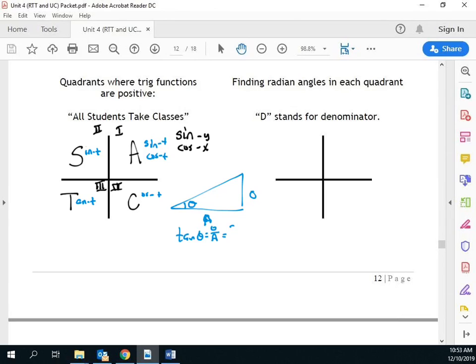Sine. What uses adjacent? Cosine. That ends up turning into sine over cosine. Tangent goes from opposite over adjacent, which we don't use anymore because now we're talking about the unit circle. Now we're moving on to sine over cosine.